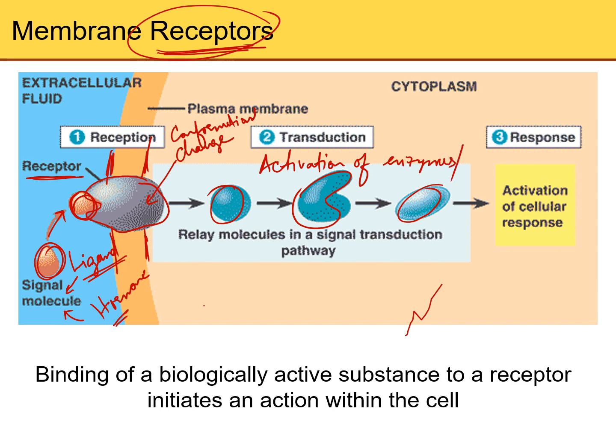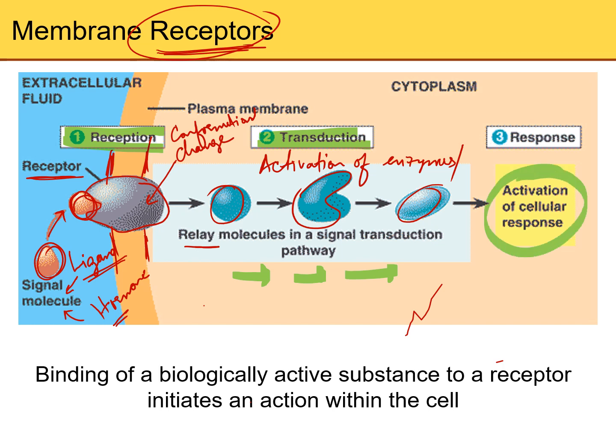When this happens, the signal is being relayed, or transduced. So you have signal reception, then signal transduction, right? So this is the signal binding, and then the signal being transduced, and at the end this will lead to a specific activity or change inside the cell, and that's called the response.